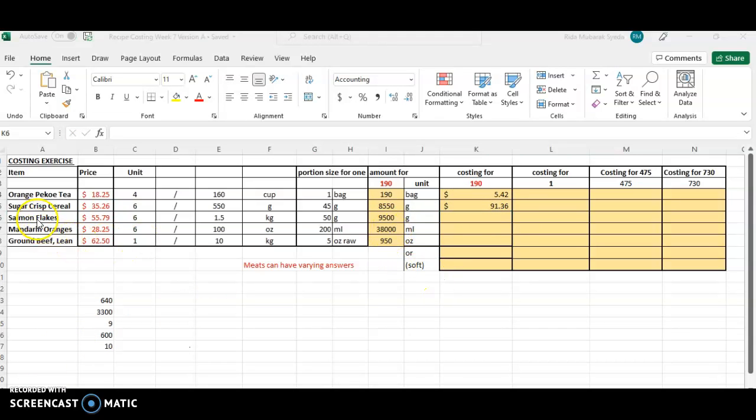So next ingredient is the salmon, and we have different measurements over here. It's kgs and grams. So we need to convert either both of them to kgs or both of them to grams. So this is how I did it.